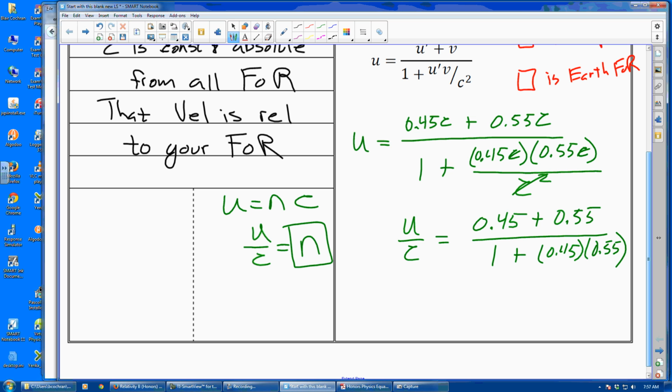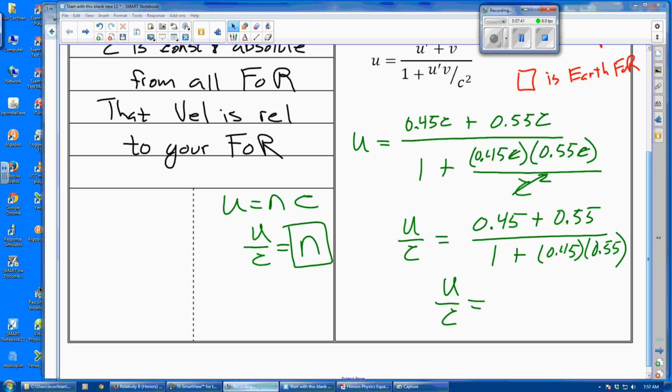And then I would solve for u over c. That will give me the coefficient that would go in front of the speed of light to tell me what u is. By factoring out that c, I never have to deal with what the speed of light is. Let me know if you need help individually on any of that. And then we'll go on to the next one.